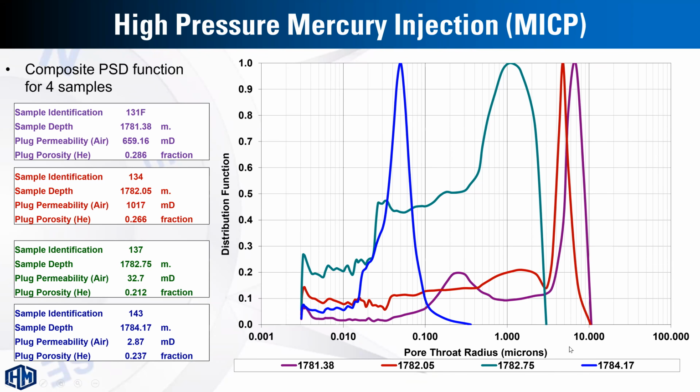So the pore-throat radius is almost 7 micron, but this one in the blue color we have the lowest permeability, which is 2.87 millidarcy, and the corresponding pore-throat radius less than 0.1 micron.